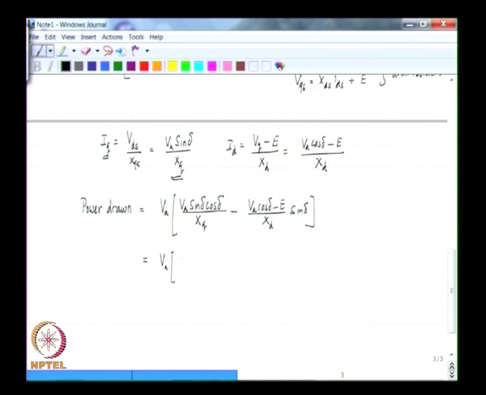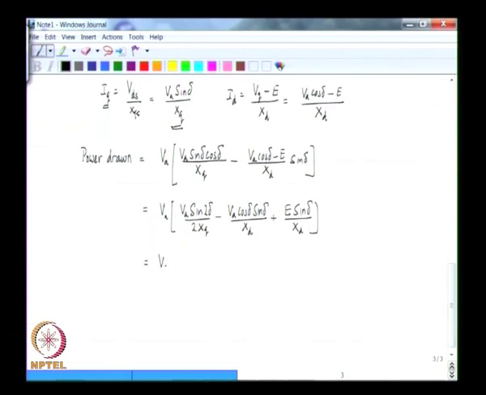This can be written as VA sin delta cos delta, which is nothing but sin 2 delta divided by 2 XQ, and then you have minus VA cos delta sin delta by XD plus E times sin delta by XD, which can therefore be written as VA sin 2 delta by 2 into 1 over XQ minus 1 over XD, plus E sin delta by XD.